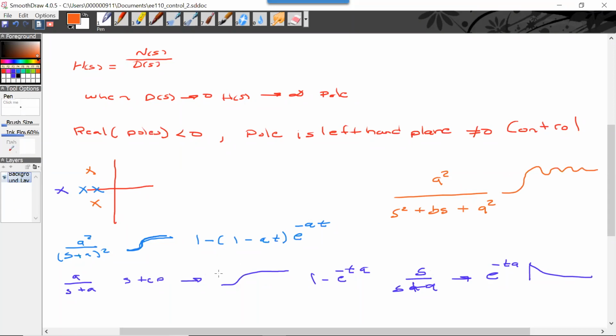So we basically have our under, over, and critically damped systems. First order systems really don't get a name except being first order systems.